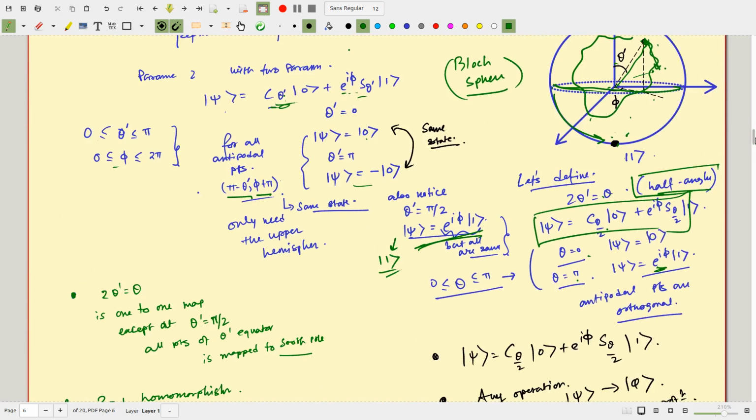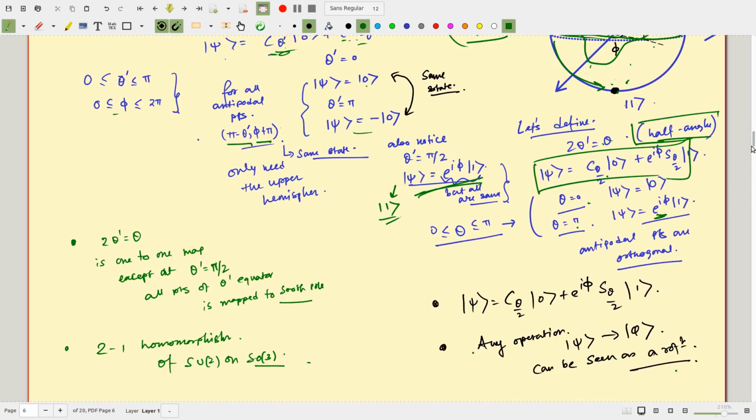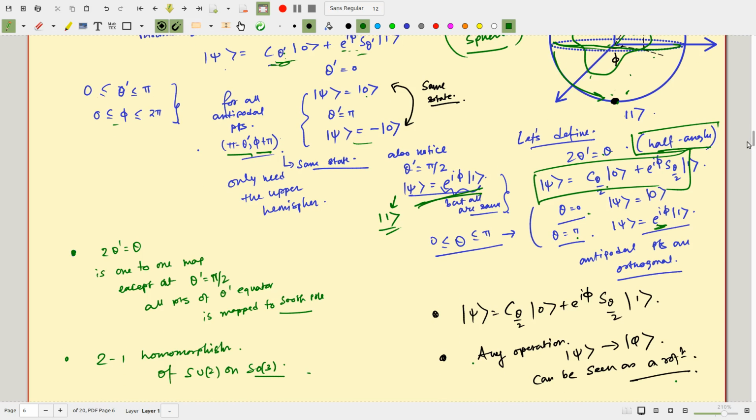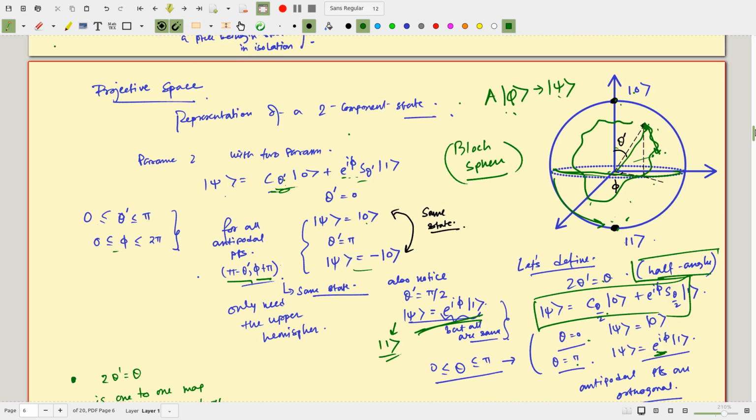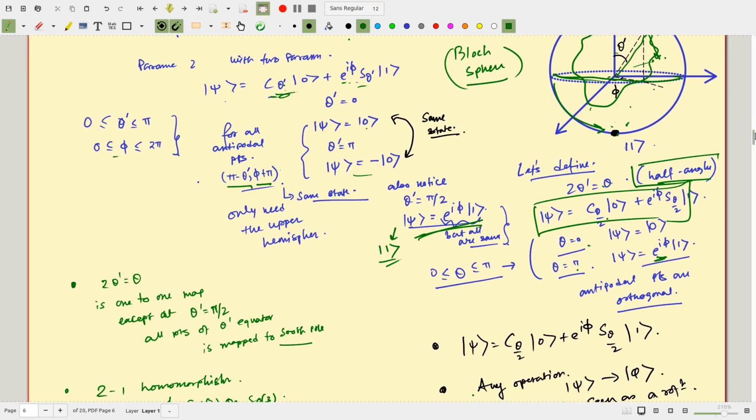So, these kind of things are called in mathematical language a 2 to 1 homomorphism of SU(2) onto SO(3). SU(2) acts like a cover of SO(3).